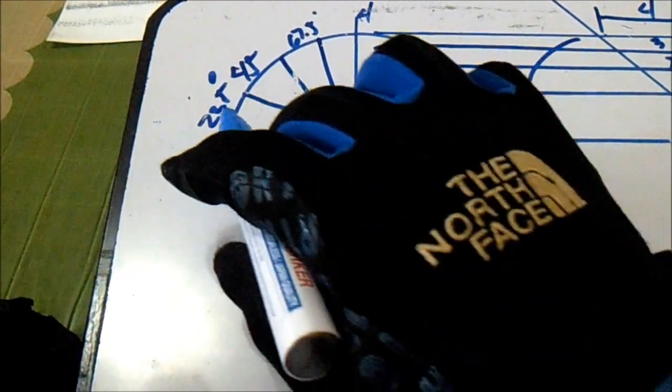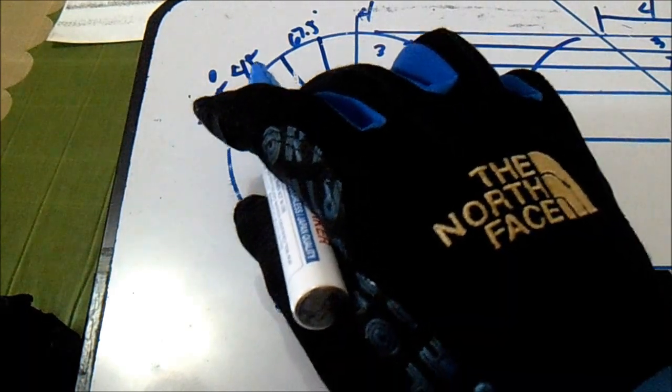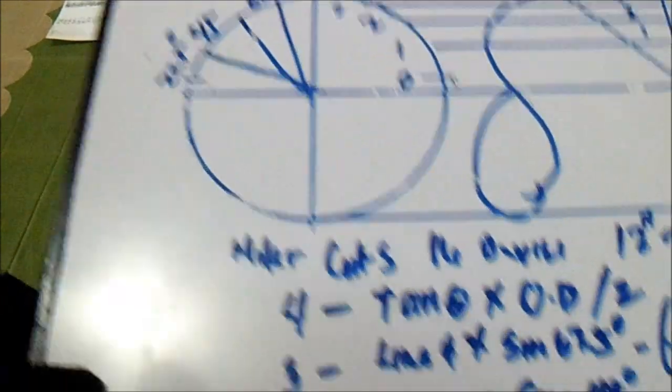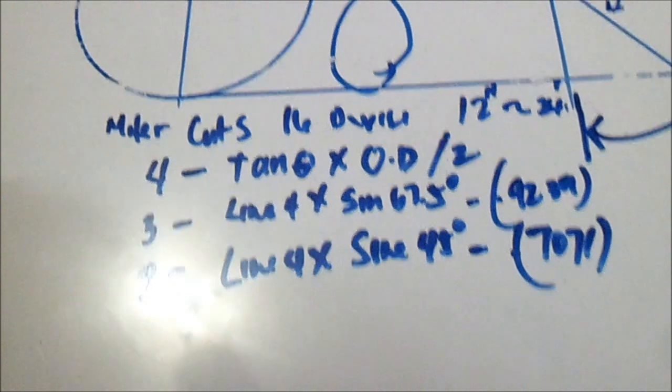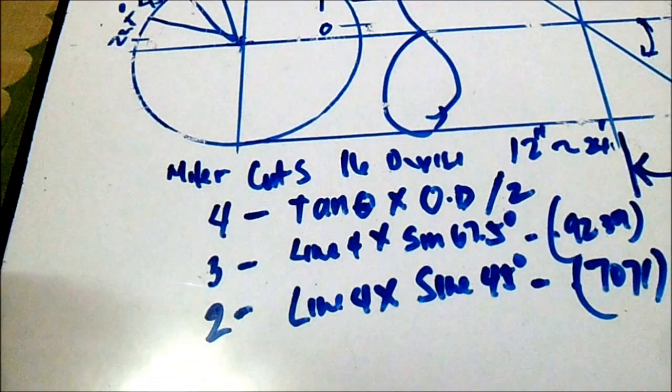If you see this circle, we have 22.5 degrees and 45 degrees. Next is 22.5 degrees.